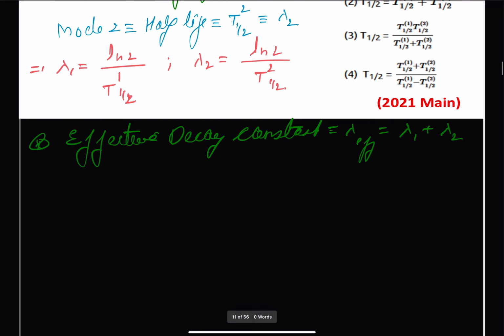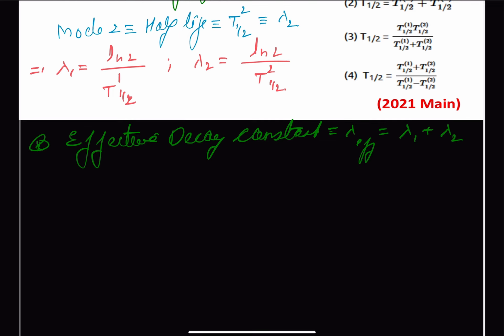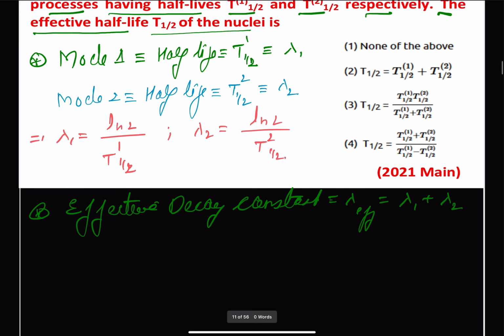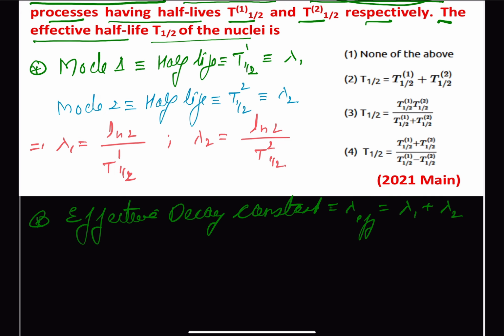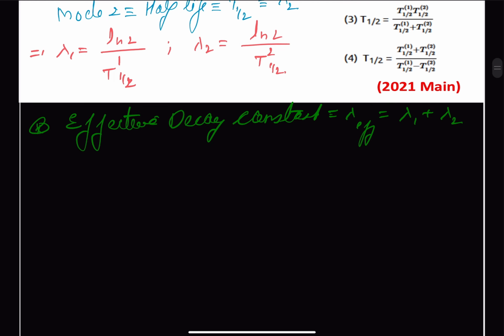We are also given that the effective half-life is T half. Therefore we can write that lambda effective will be equal to natural log of 2 divided by T half.